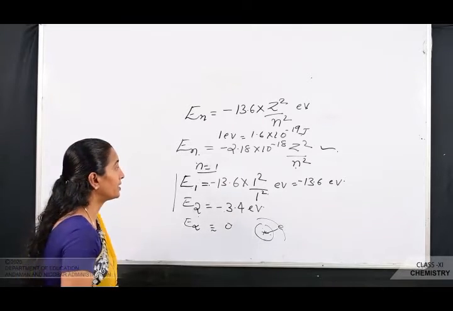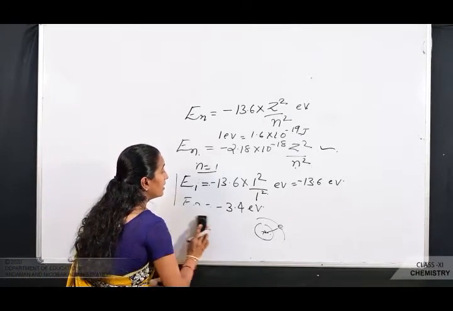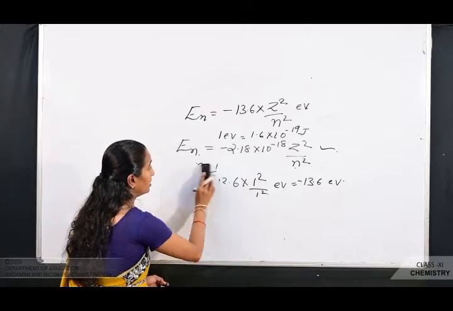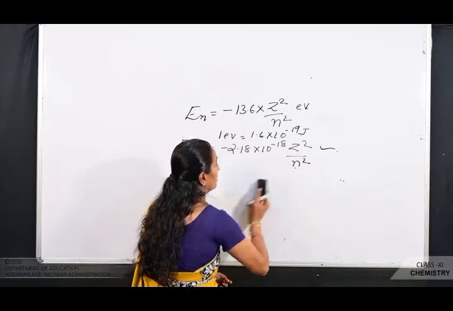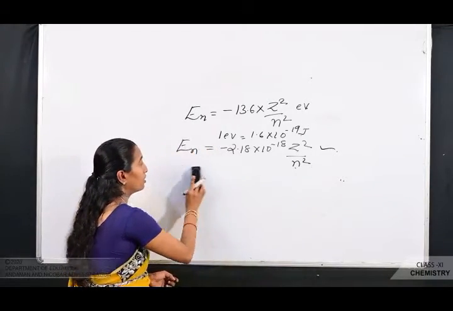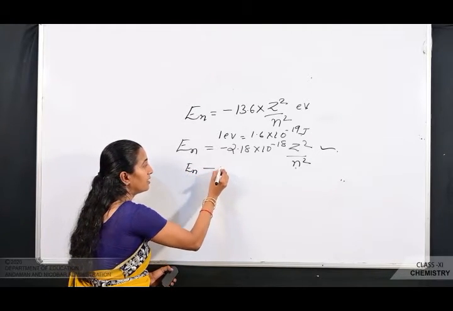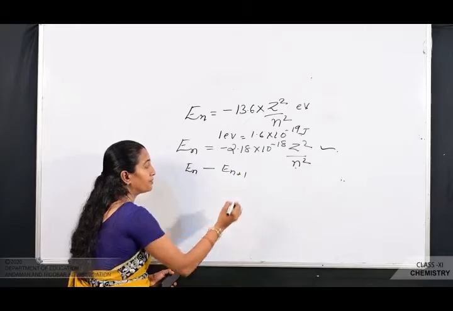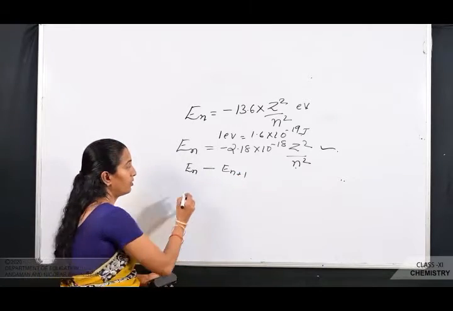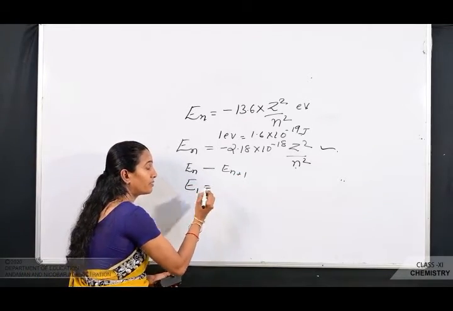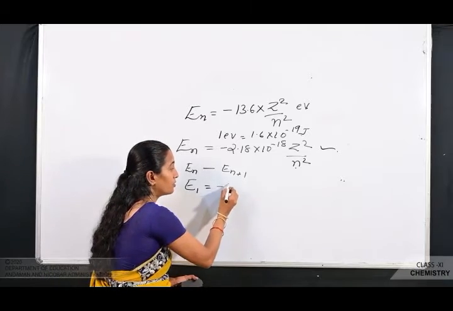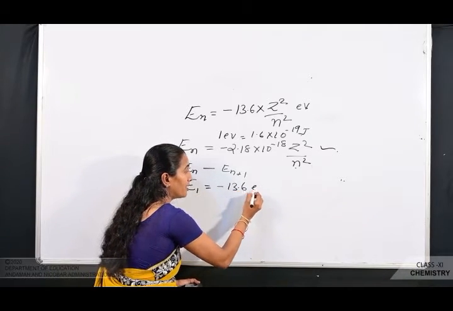Now we will see what happens to the energy gap. Here we have seen the energy between E1 and E2. Now let us see the energy gap between En and En plus 1. The first one, E1, we have already calculated as minus 13.6 electron volt.